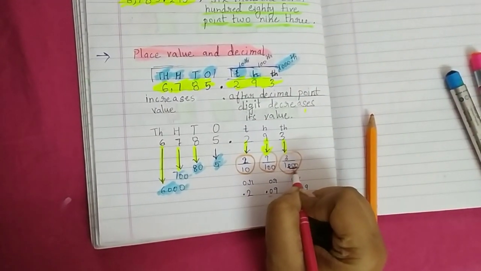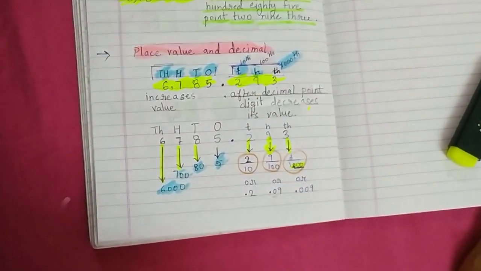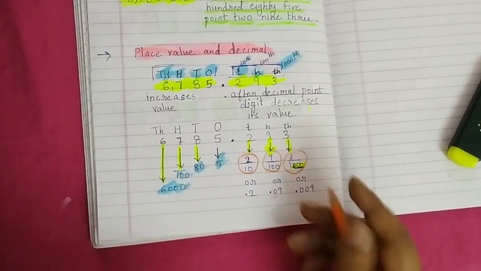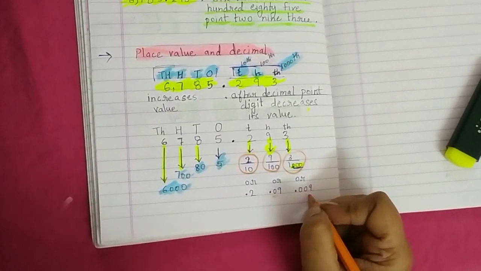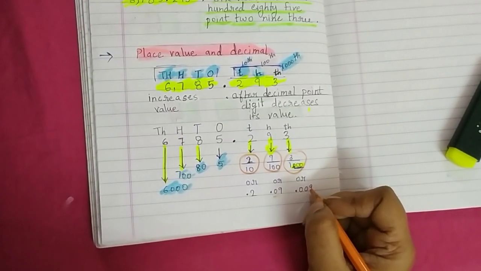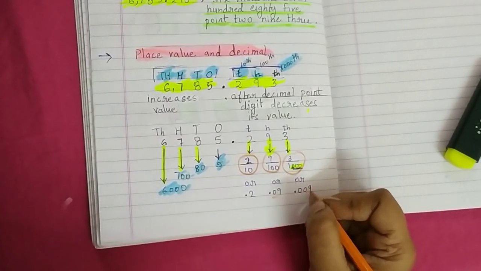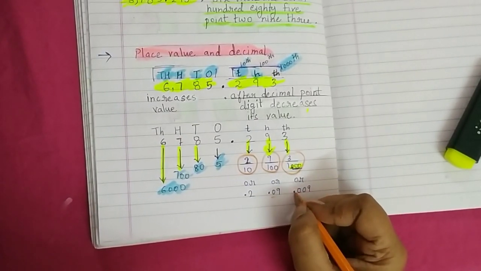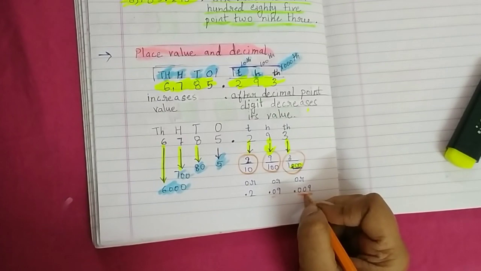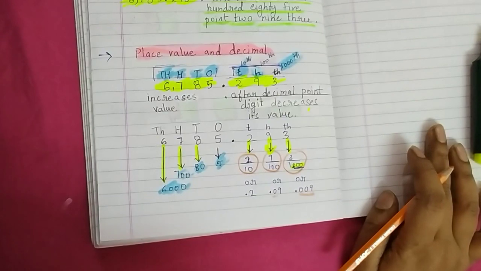That means when we put the decimal, we need 3 digits after the decimal. One digit is already there, 3, so we need 2 more digits. We will add 2 zeros before 3, giving 003. So after the decimal we got 3 digits: 0.003. This is the way, children, we read place value.